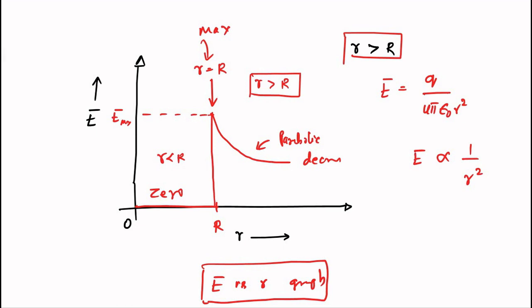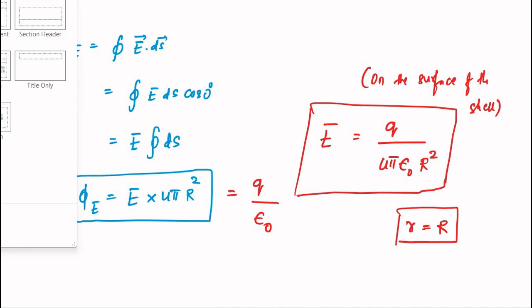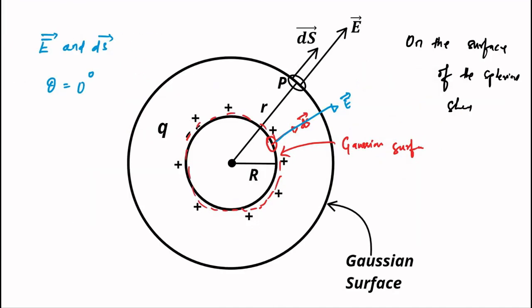Another interesting thing here: on the surface of the shell, the electric field intensity is equal to Q by 4 pi epsilon 0 capital R square. Now we know that the surface charge density is equal to sigma for the spherical shell.